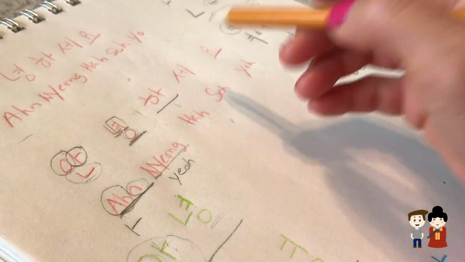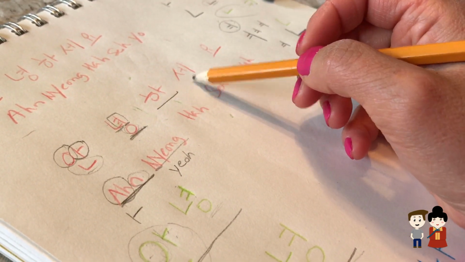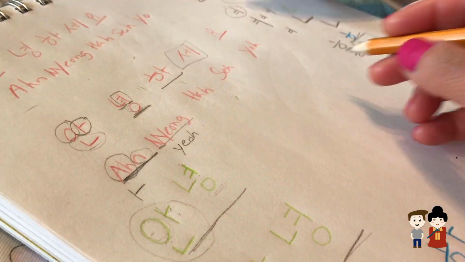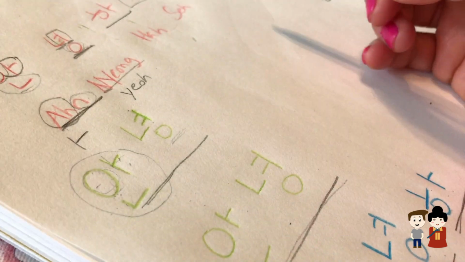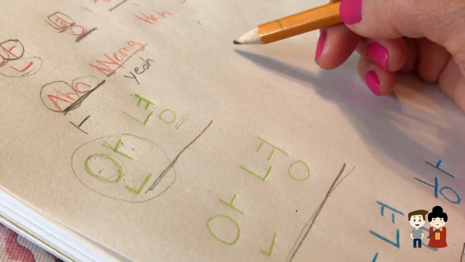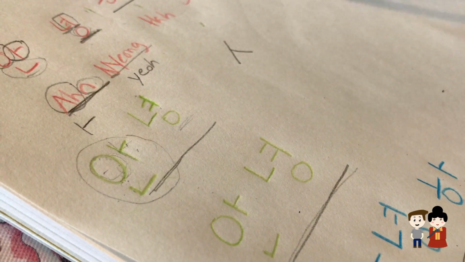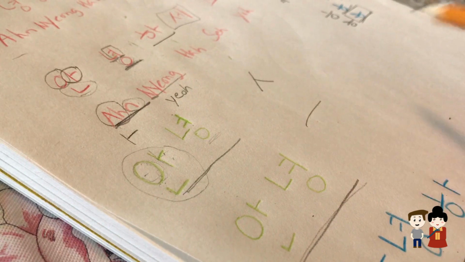Now the next letter, yep, se. Or, sorry, the next syllable, this is called a syllable, is se. So in Korean, the S is drawn like this. Like a wishbone. Can you do that right here?